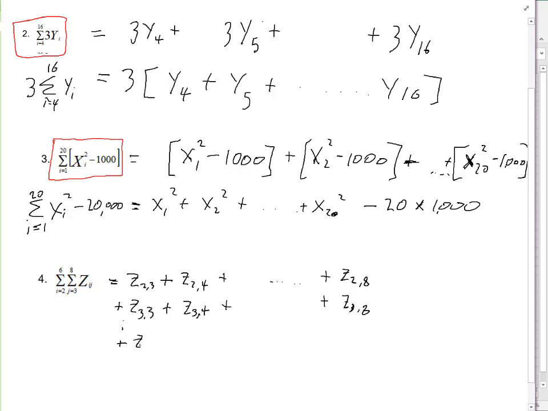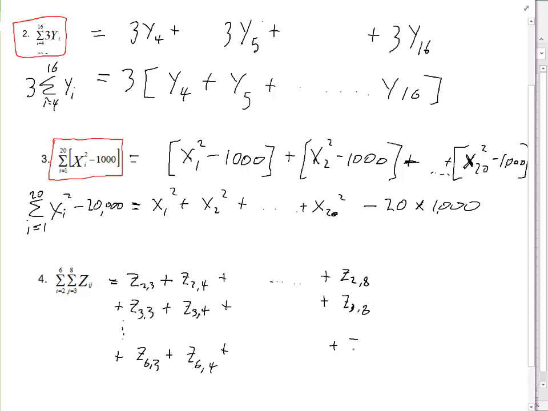I just want to make sure it's clear that there are several rows here, and eventually you come to z with i is 6, and start again at j is 3, plus z6,4, plus z6,5, 6,6.